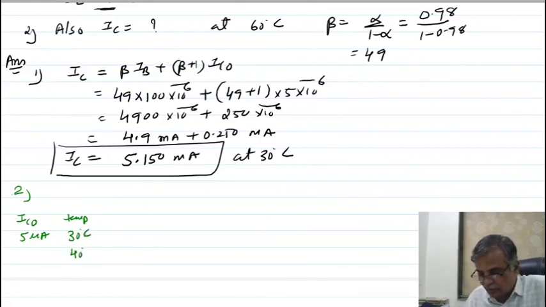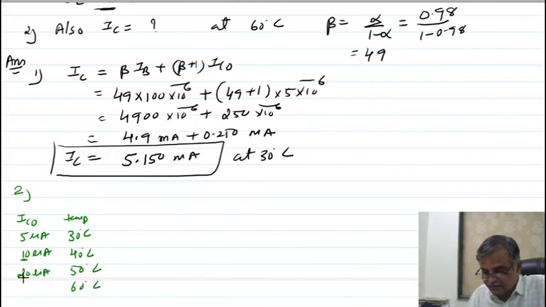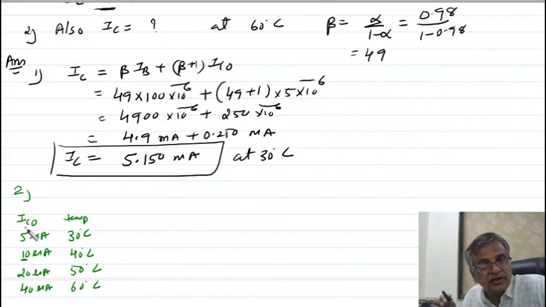With a 10 degree rise, at 40 ICO will be double, 10. Again 10 degree rise, at 50 it is 20. At 60 degree centigrade it becomes double again, 40 microampere.